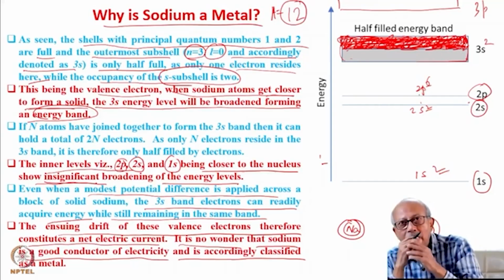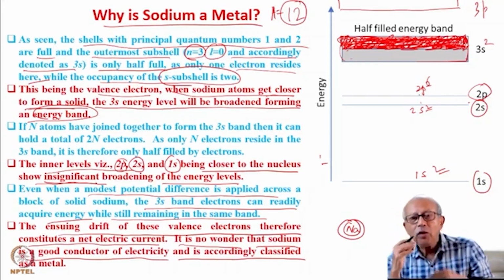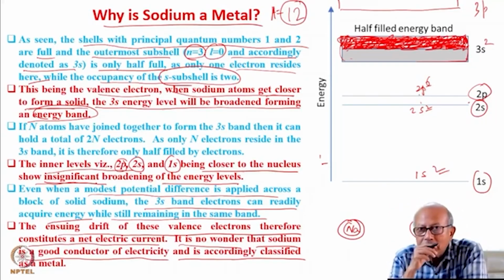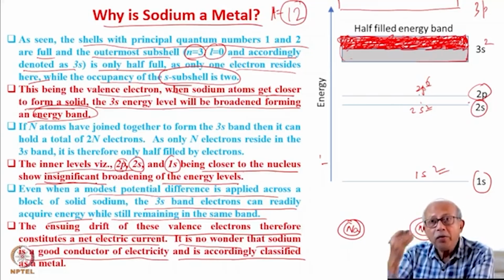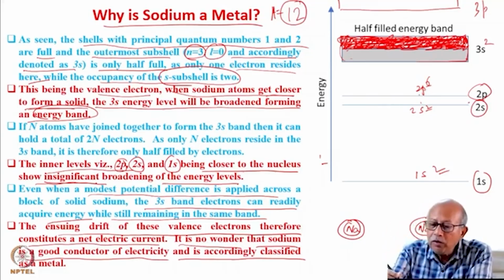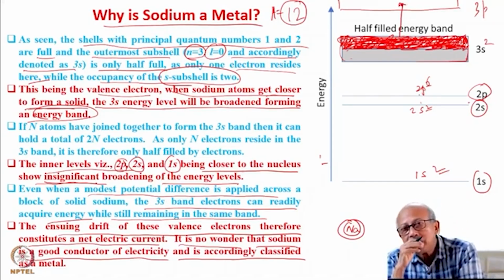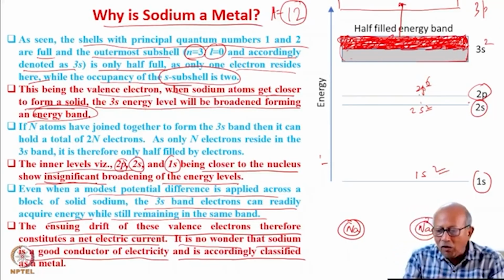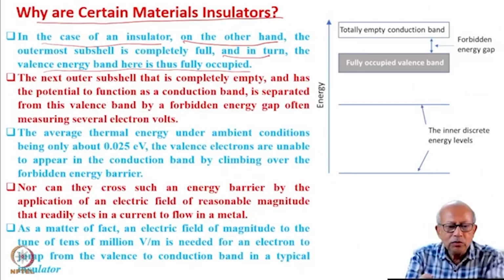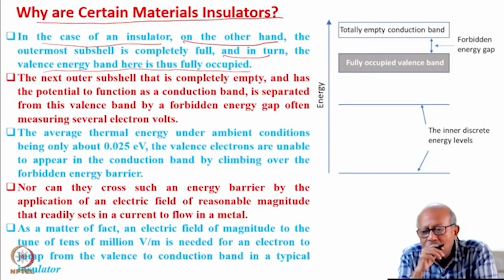If there were an electron, it would be even more loosely bound. So for the electron to conduct, it has to first acquire enough energy to jump up into this, and only then can it conduct electricity. So I think with this analogy, you will be able to understand why certain materials are insulators.